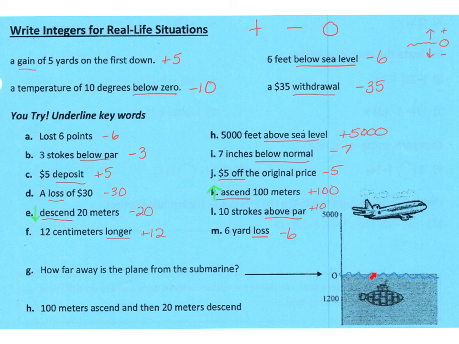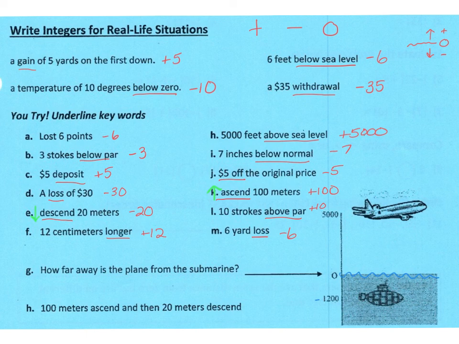And what integer are we using for sea level? Well, we're using the integer 0. So that 1200 at the bottom should really be negative 1200 because that submarine is below sea level at a negative 1200. And then the airplane is 5,000 feet above sea level, so 5,000 feet in the air.